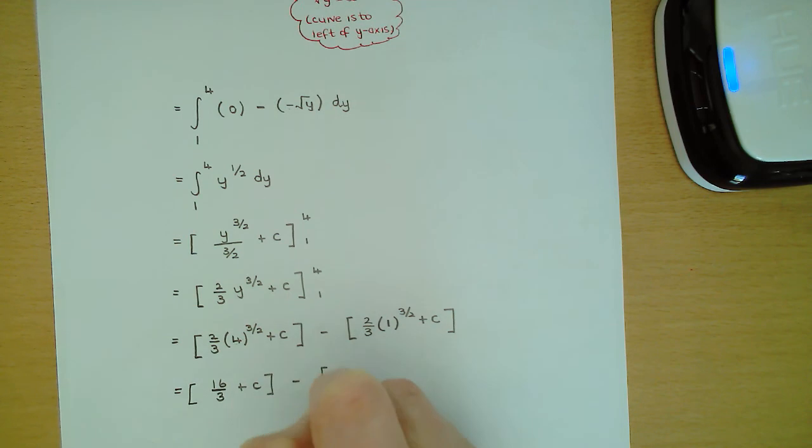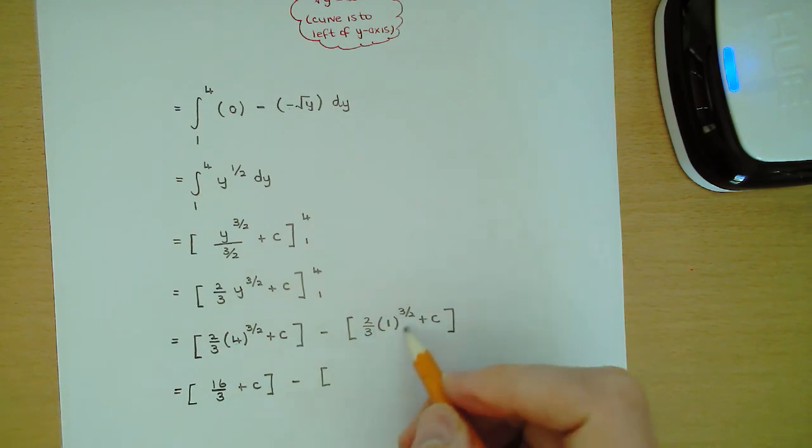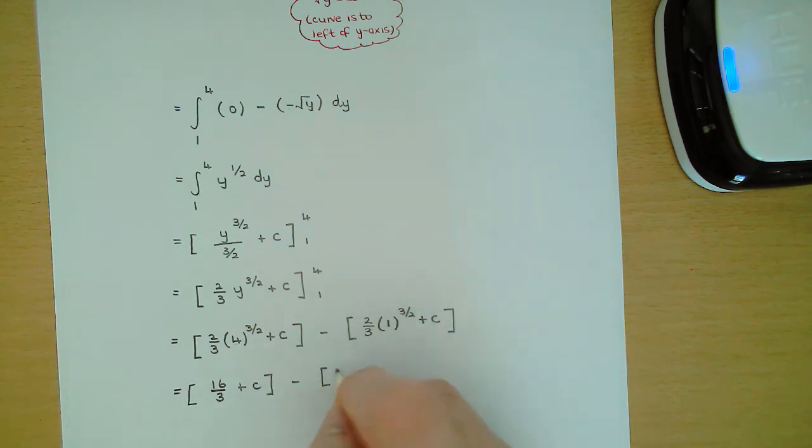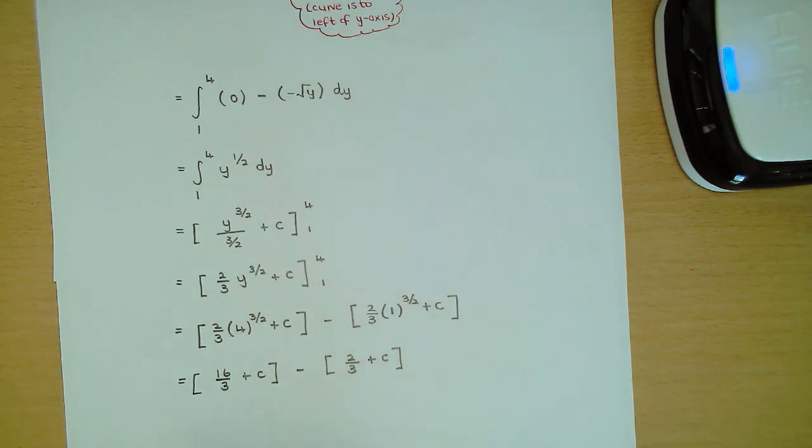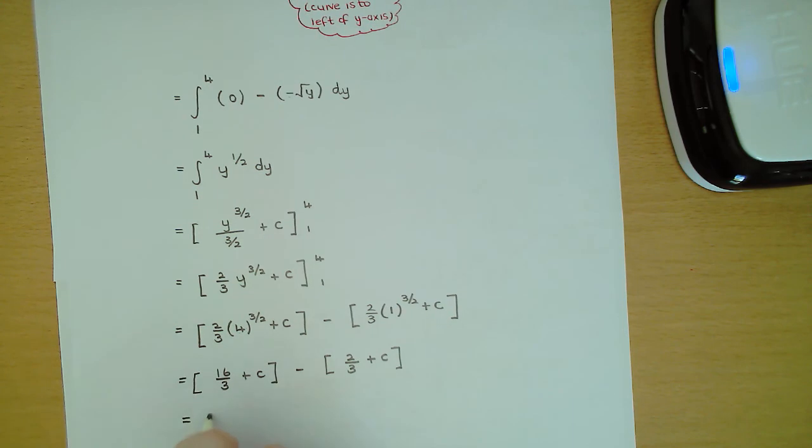And then we're subtracting. Remember, 1 to the power of anything is 1, so the positive square root of 1 is just 1, and then cubing 1 is still 1, so you're just left with 2/3 plus c. So tidy it up, we're left with 16 over 3. The constants cancel, so we're just left with minus 2/3.